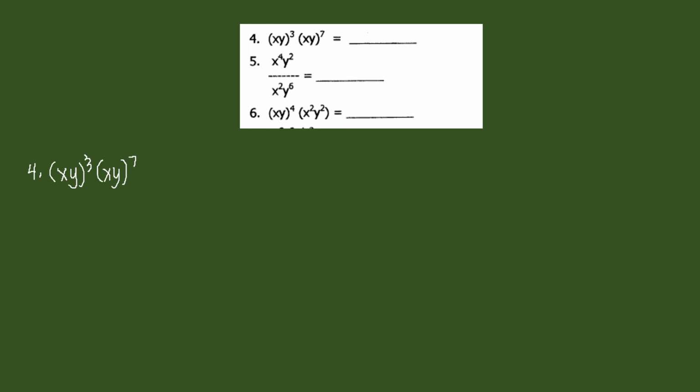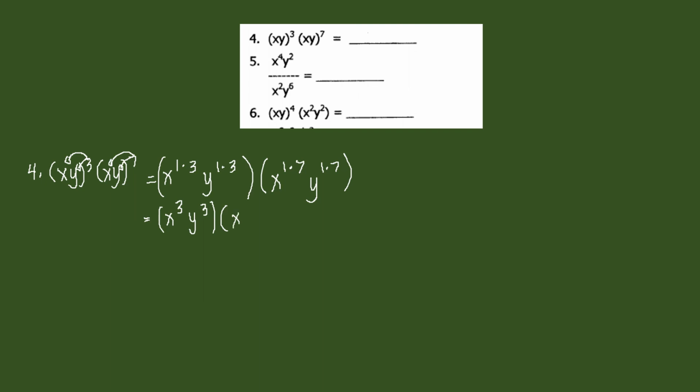So this would mean that we have to distribute or multiply the outer exponent to the ones inside. So we will have x 1 times 3 and y 1 times 3. We will also have x 1 times 7 times y 1 times 7. So we will have x cubed, y cubed, times x to the 7th, y to the 7th.